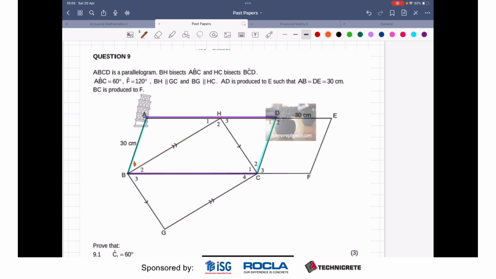So B1 is going to be equal to B2 if it's bisected, and we're also told that HC bisects this angle BCD. So C1 is equal to C2. Then ABC, this angle is equal to 60 degrees. So if these two were equal and it was bisected, B1 is equal to 30 and B2 is equal to 30.